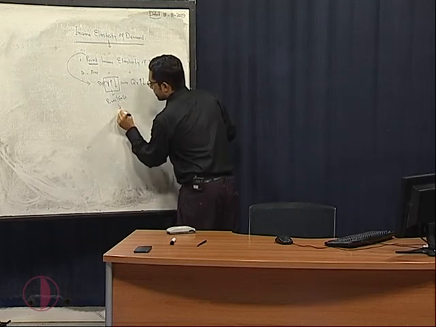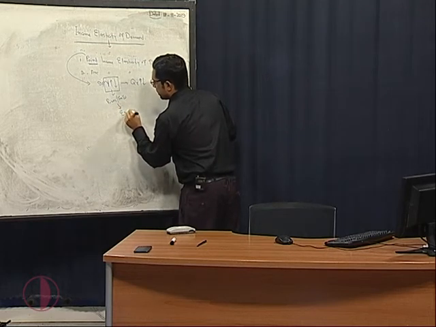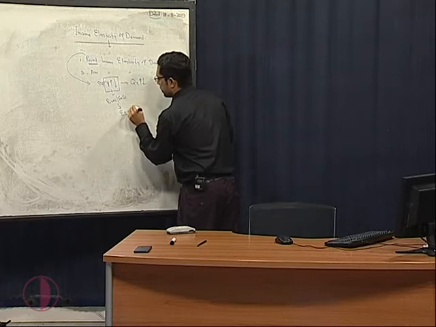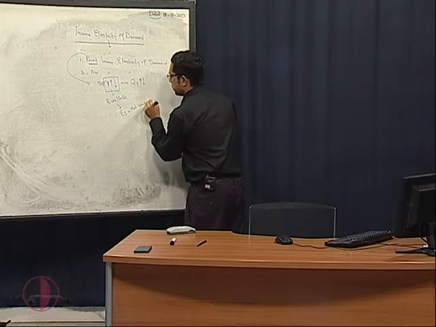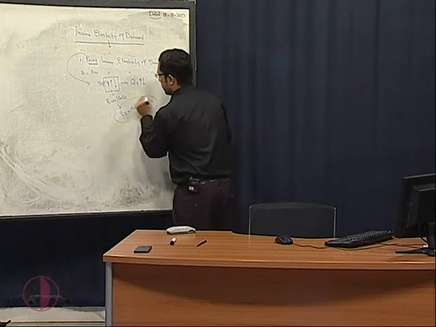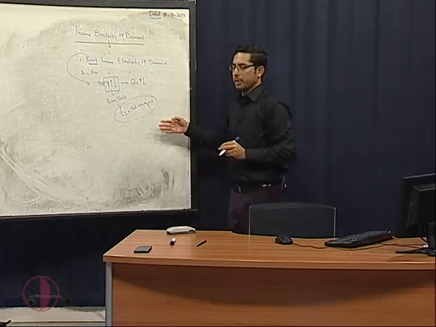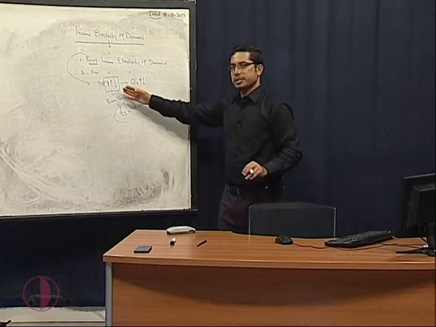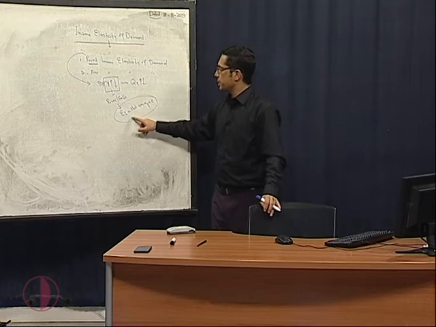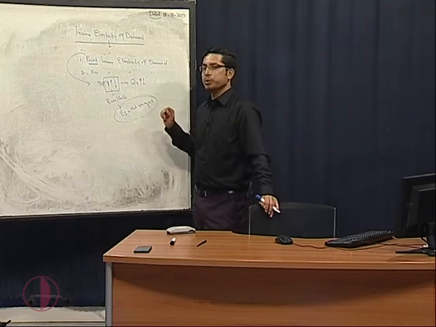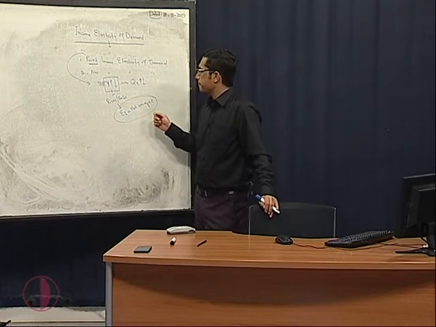In these cases, this value is not unique. Like the price elasticity of demand, if income increases or decreases, the value of the income elasticity of demand will not be unique, will not be the same.